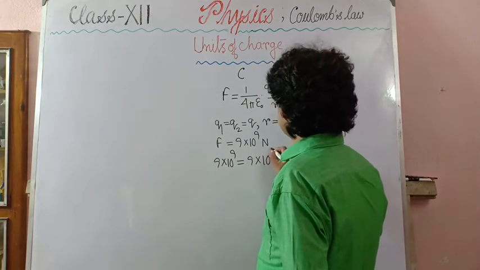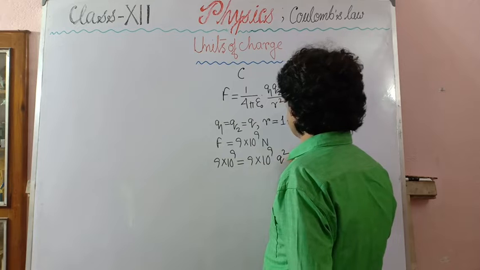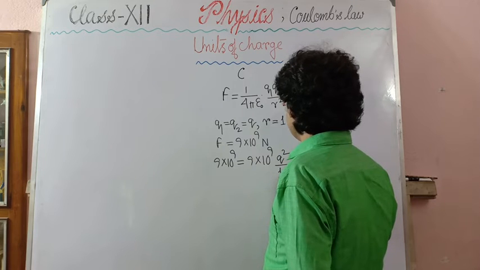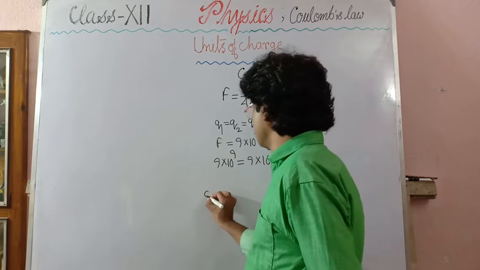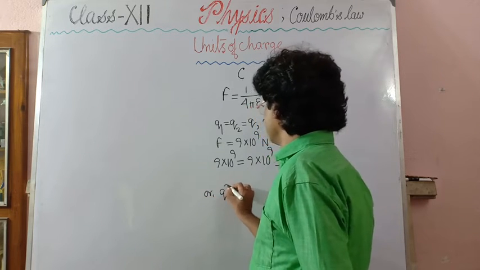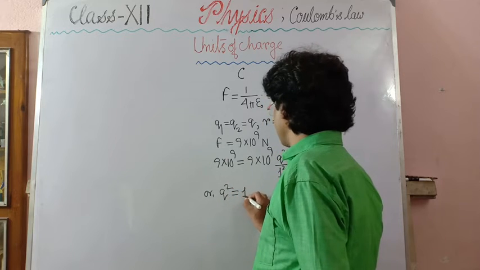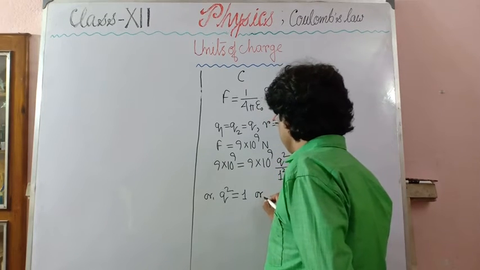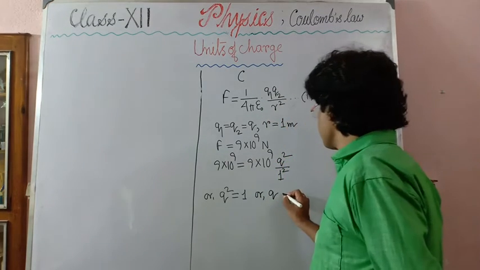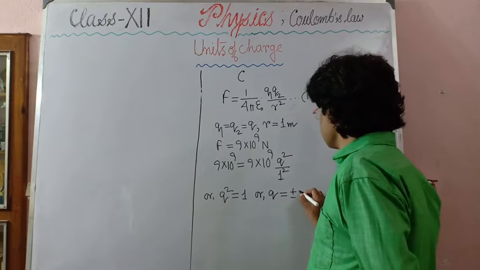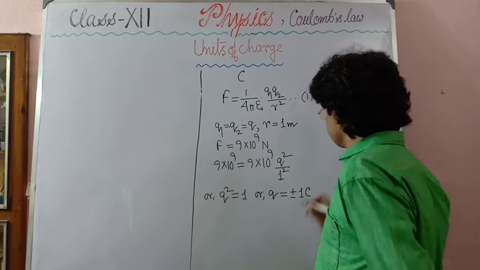So 9 into 10 to the power 9 equals 9 into 10 to the power 9 Q square by 1 square, or Q square equals 1, or Q equals plus minus 1 Coulomb.